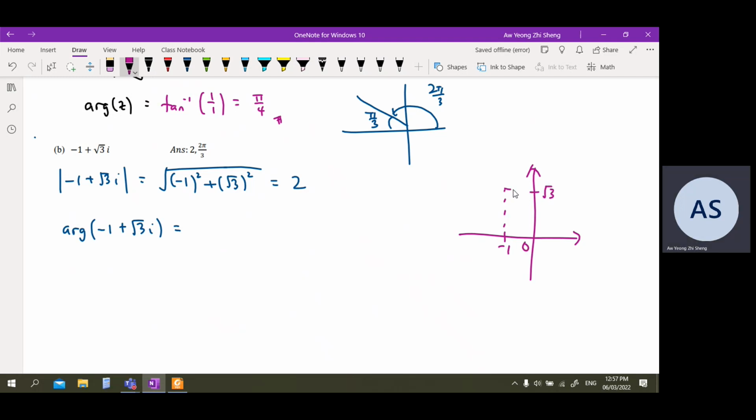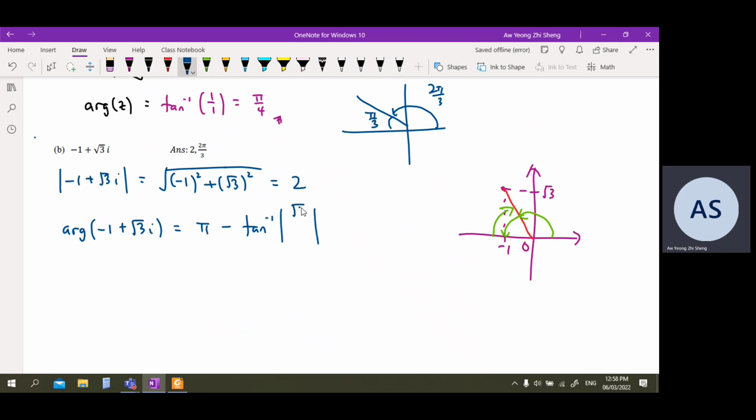So you have this point, and you know your argument must be a quadrant 2 angle, which means that you go all the way until pi, then you reverse by the basic angle.